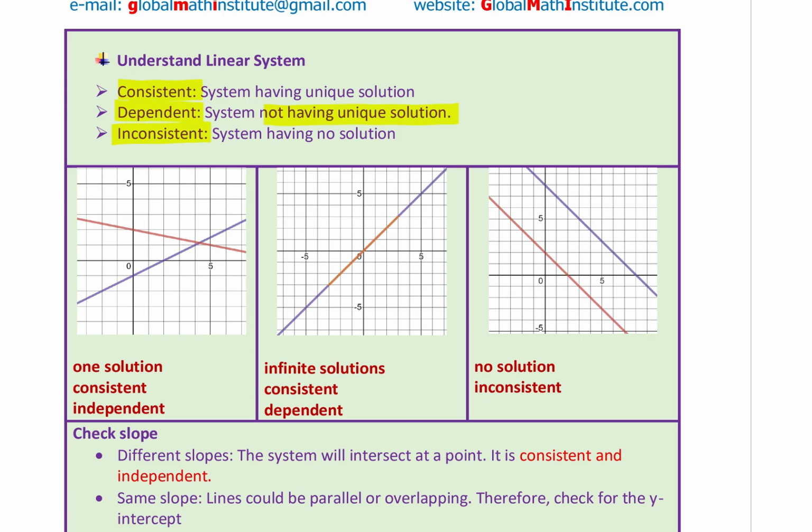Inconsistent means a system having no solution. So that is how we define them. This is an example of a consistent system which is independent. Here are two lines overlapping, so infinite solutions, consistent but dependent. No solution since the lines are parallel. Is that clear to you?